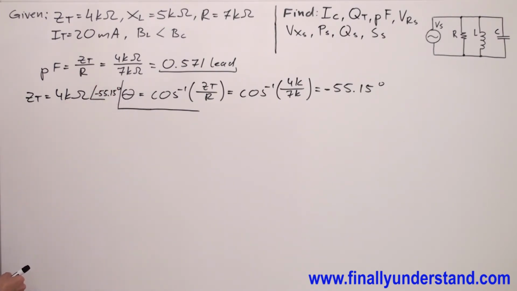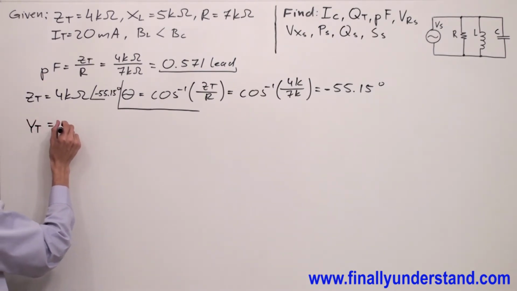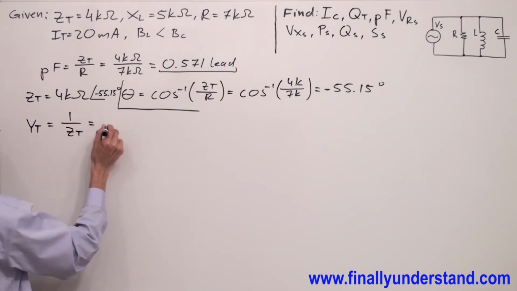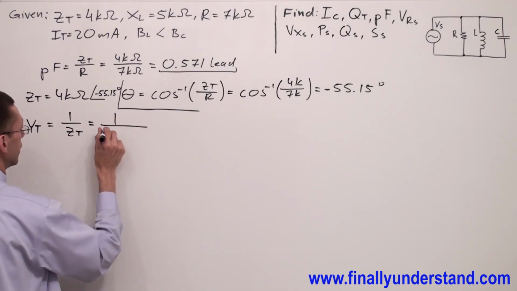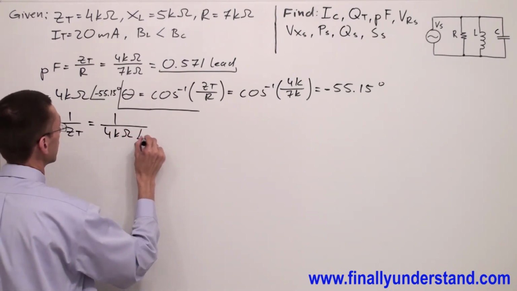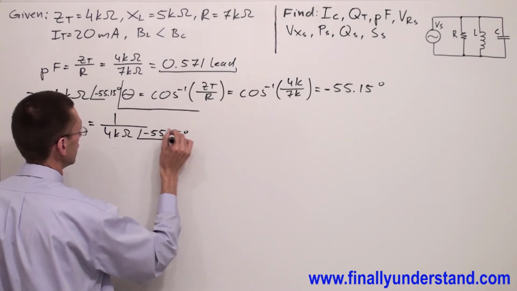So next, we're supposed to find the total admittance. Total admittance, Y total, is equal to the reciprocal of Z total, 1 over Z total. So I have 1 divided by 4 kiloohms and angle of negative 55.15 degrees.